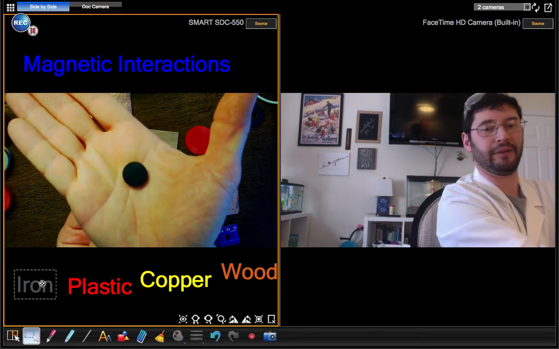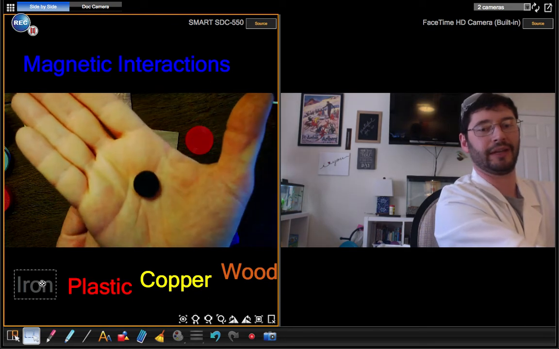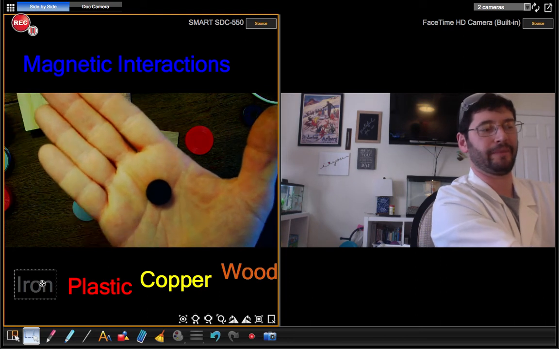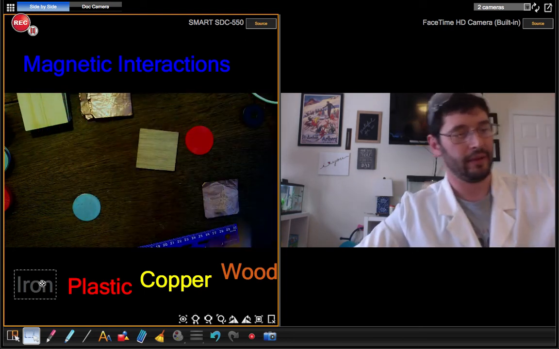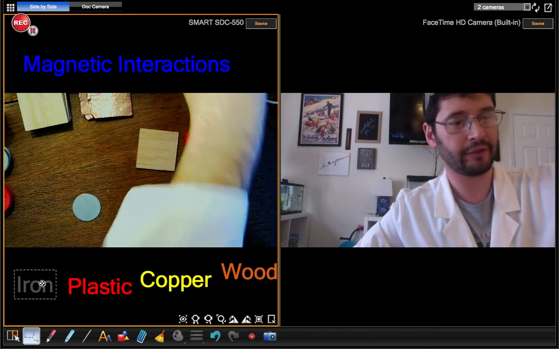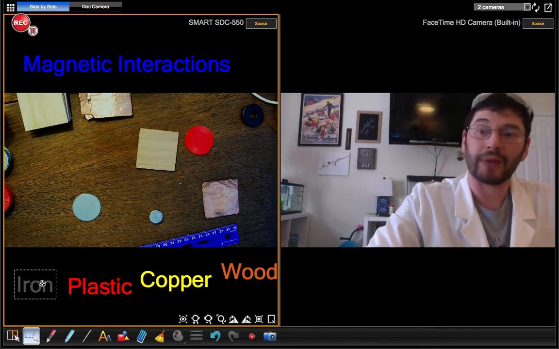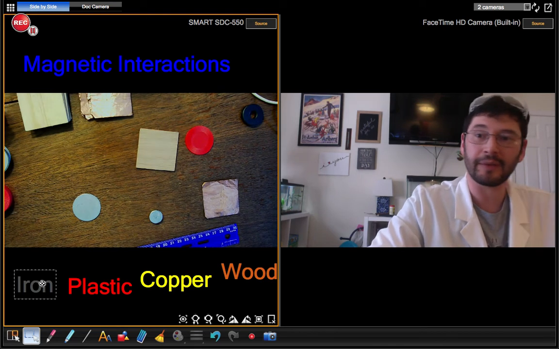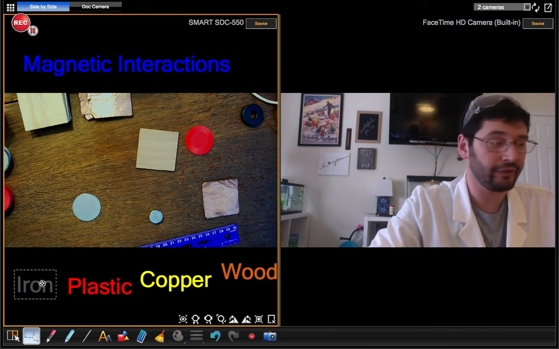By flipping my magnet over underneath my hand, I can make this magnet on top flip as well. So we can see that with our magnets, magnetic energy goes through objects, but it's only attracted and sticks to certain materials. Now I want you guys to think about what type of material that is.